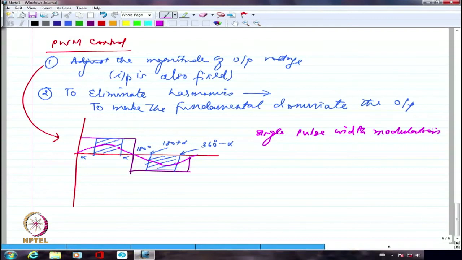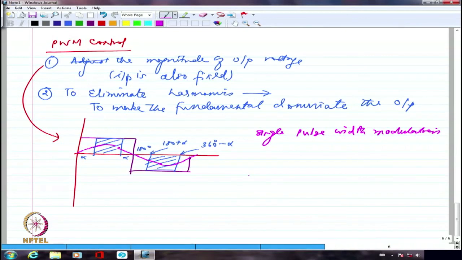This will not have much of impact on the harmonic content. I may not be able to eliminate the harmonics because I'm not really making the pulse width vary as per the sinusoidal magnitude. I'm having only one pulse, and that maximum pulse is near the 90-degree point, and it is spread out completely. So this will not allow me to eliminate the harmonics much.